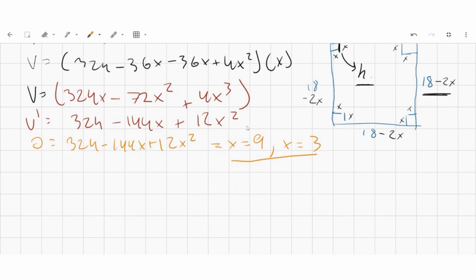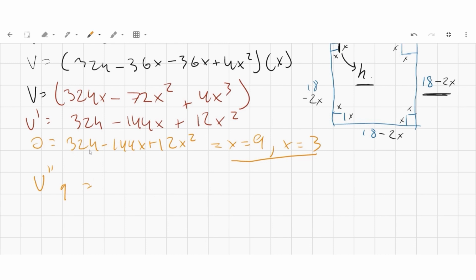Okay, so the way we're going to work around this is we're going to find v double prime of 9 first. All right, so v double prime of 9, which is equal to 24.